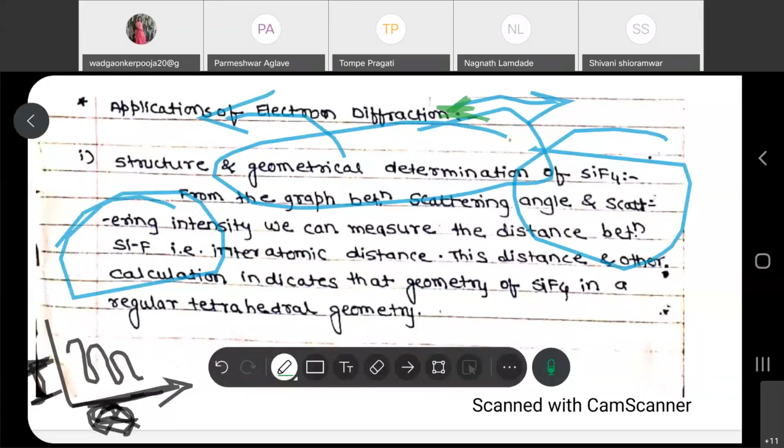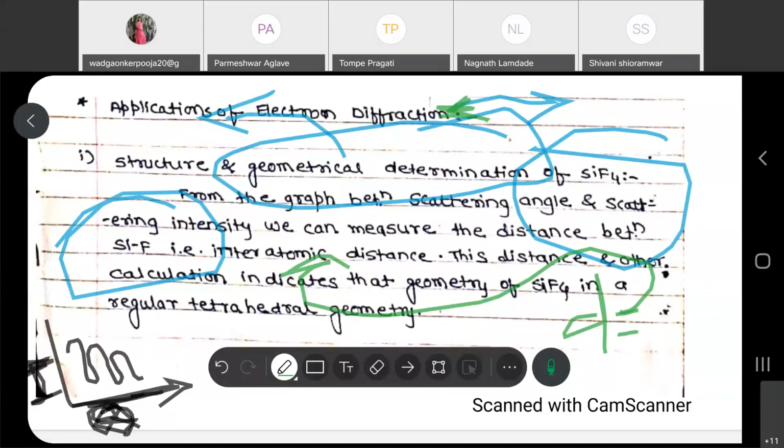What we can determine with electron diffraction, and how can we determine it? As I told you just now, remember my words: by using d. And what is d? d is nothing but the interplanar spacing, the interatomic distance.